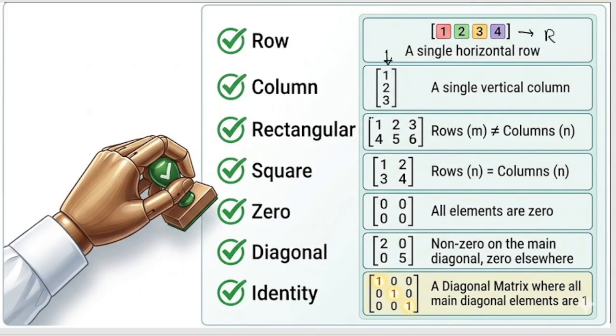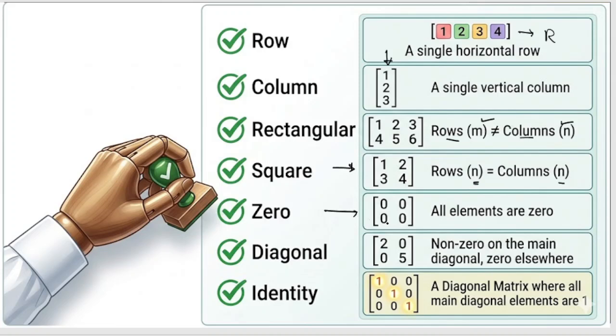In a rectangular matrix the rows and columns are different. In a square matrix the number of rows and number of columns must be equal. We can take m for rows and n for columns, or vice versa, it doesn't matter. Here rows and columns are both equal, so we call it a square matrix.